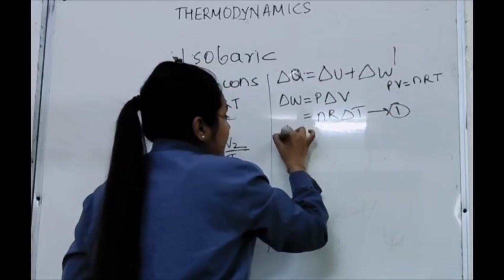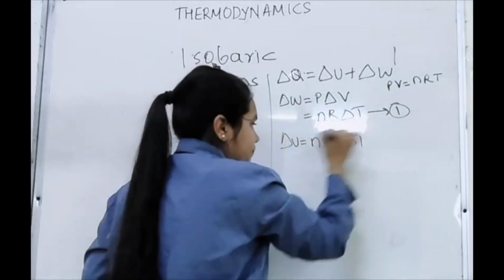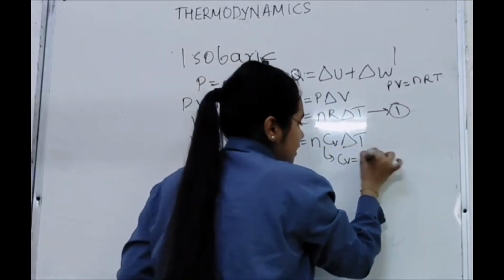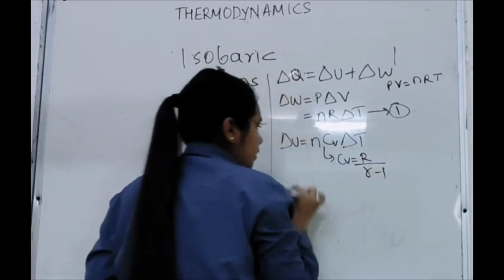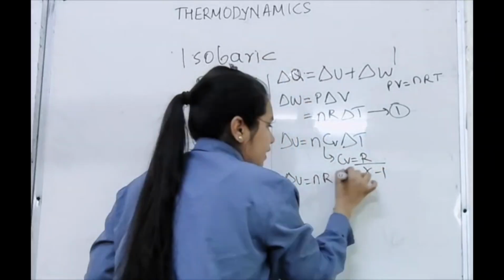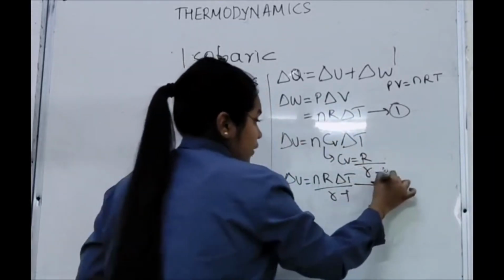Second one, delta U equals nCv delta T. Now, this Cv you can also write as R by gamma minus 1. So delta U equals nR delta T by gamma minus 1. This is the second equation.